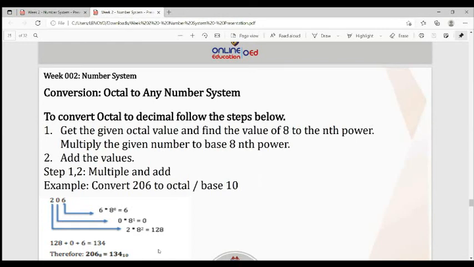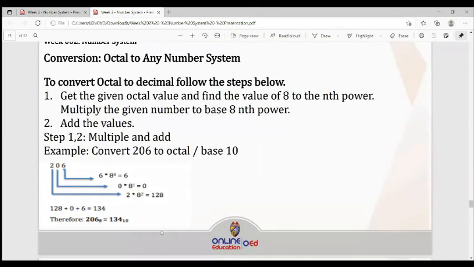The answer is 134. So therefore, 206 base of 8 is equal to 134 base of 10. So yun yung medyo mas matrabaho lang yung pagko-convert ng octal to decimal because you need the weight of each digit or the nth power.